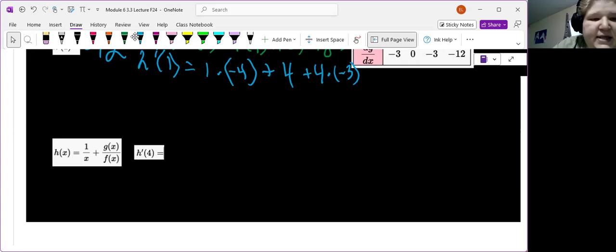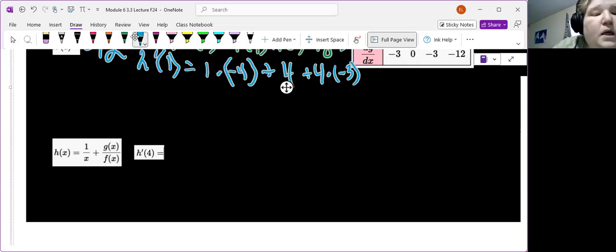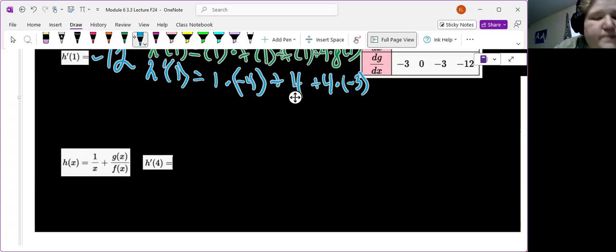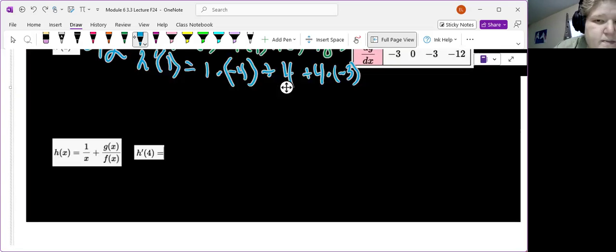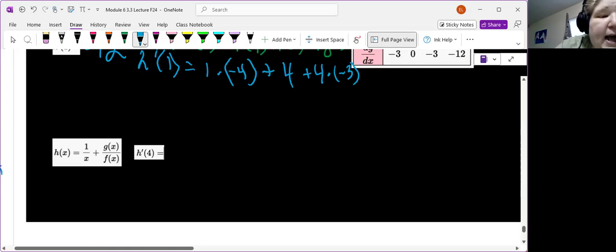And then our 1 over x guy here, I don't want to do a quotient rule with that. I'm going to rewrite it as x to the -1.